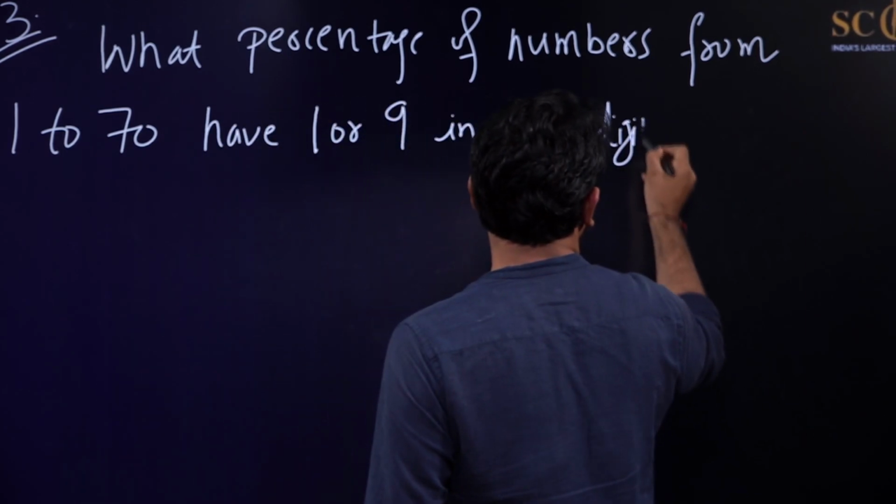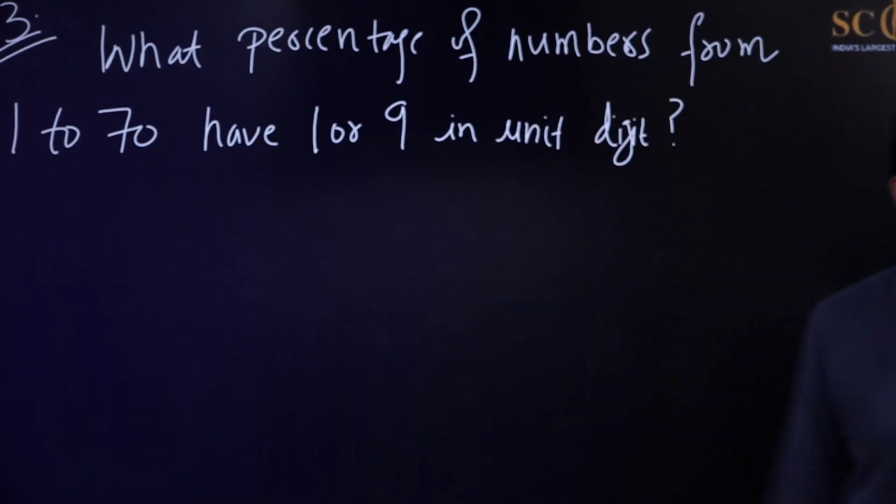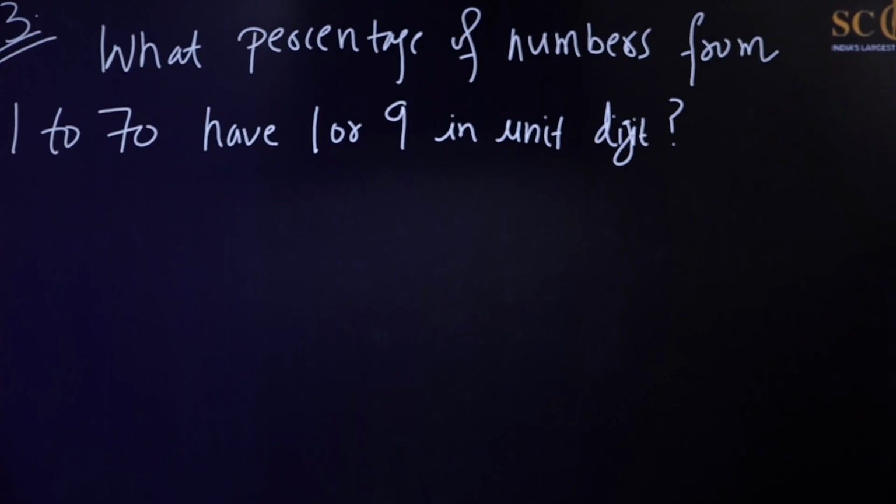Okay, so this is your question. Until now we were doing some easy questions. Now we will move on to some difficult questions also, step by step. So just solve it and tell me what is your correct answer.